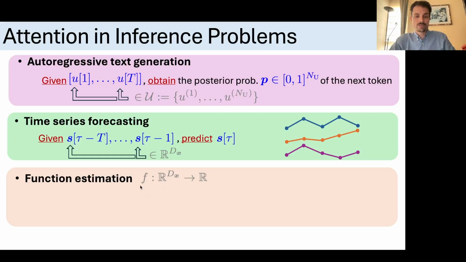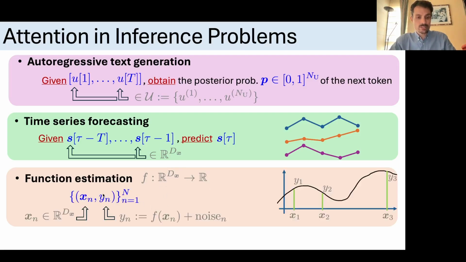Consider, for simplicity, a real valued function. And suppose that we are given n observations, which comprise an observation point xn and a noisy observation of the function at the point xn.